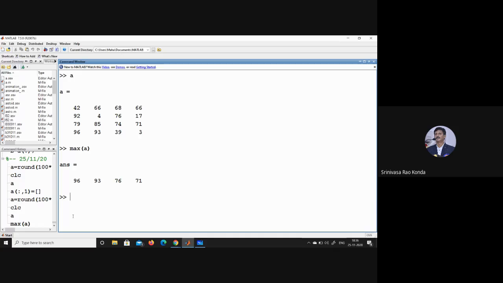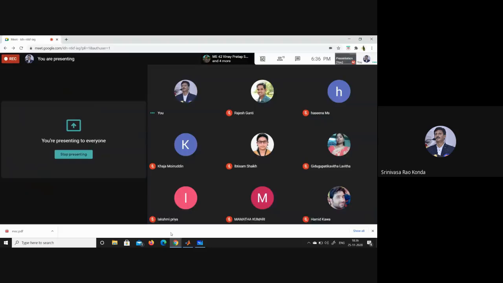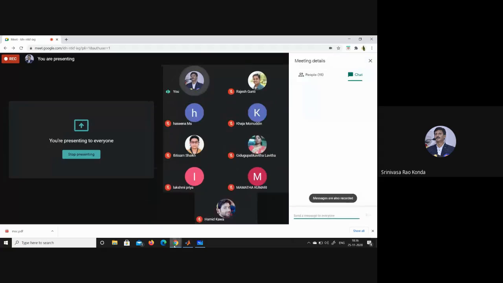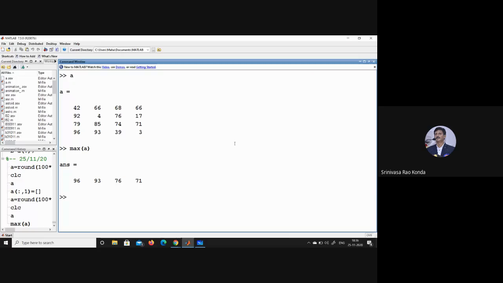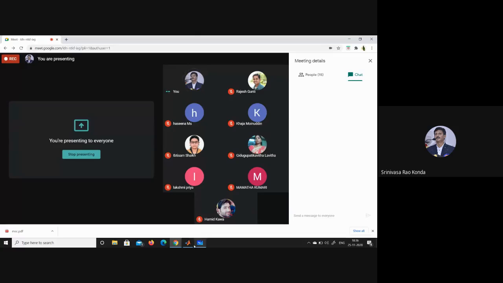What is this output? I got an output like this. Maximum in each column it is giving, but I need the maximum element in an entire matrix. How to do that one?